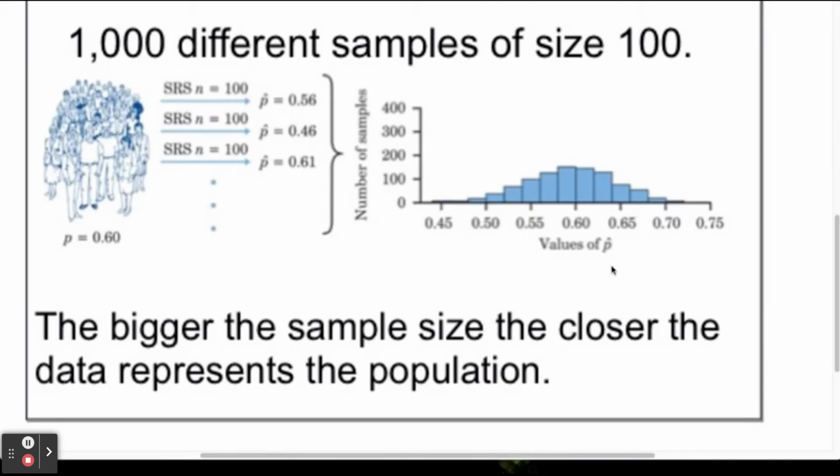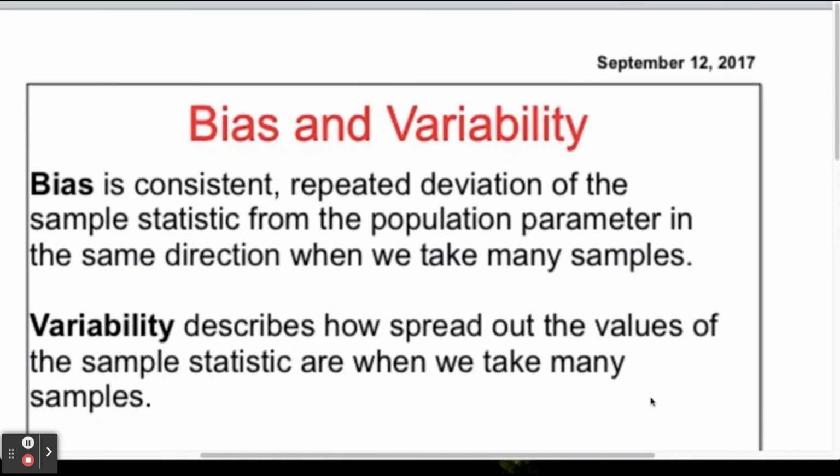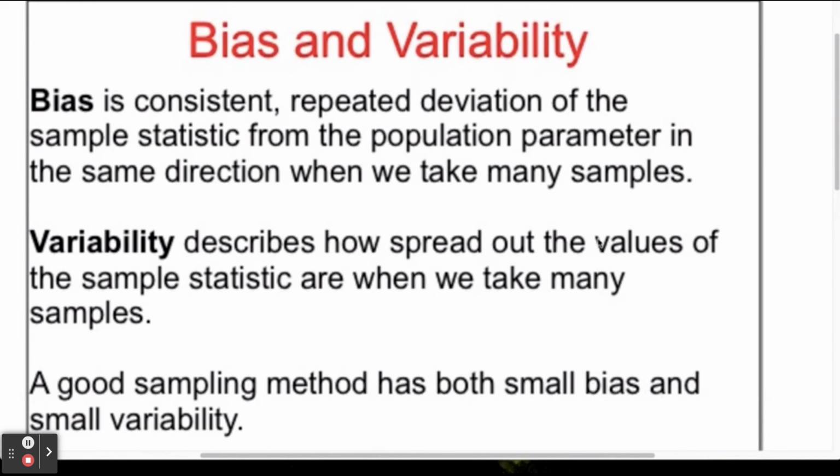Okay, I'm going to give you another visual of this, but in this chapter and in previous chapters, we've been talking about bias. Remember, bias is consistent, repeated deviation of the sample statistic from the population parameter in the same direction when we take many samples. Remember, bias is not a good thing. Bias is a bad thing. We do not want any bias when we take samples.